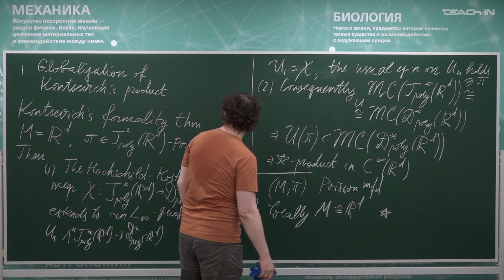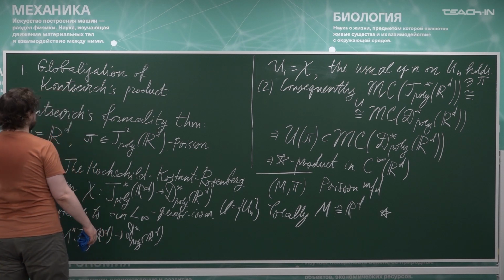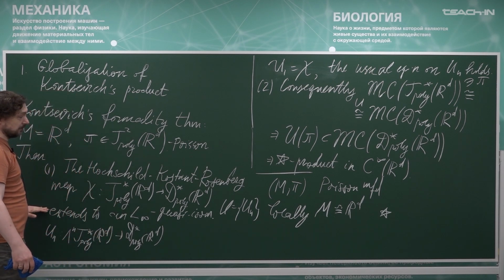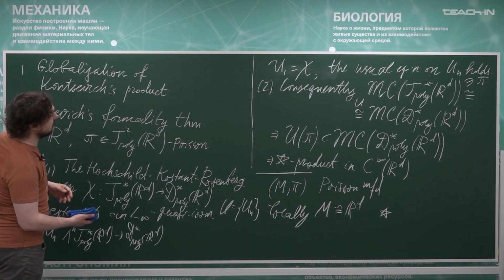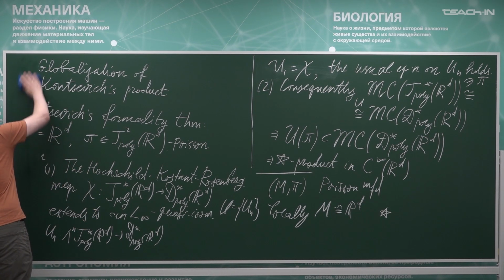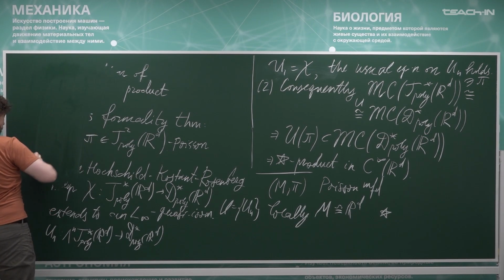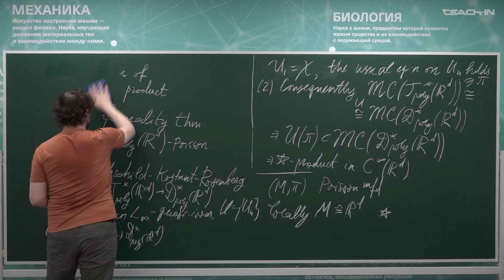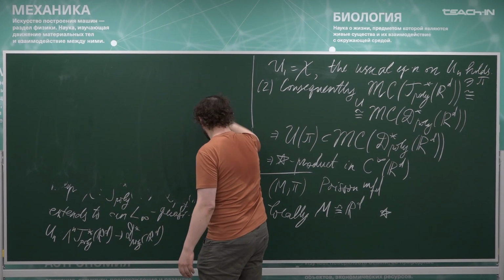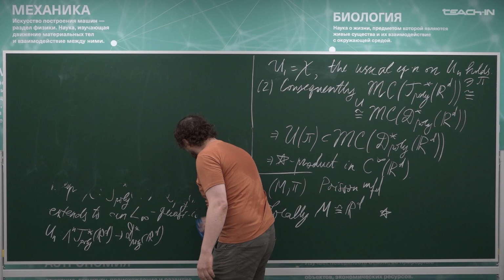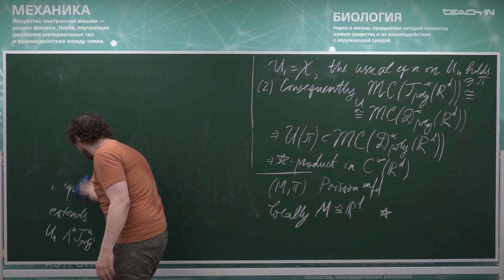He explained in very brief terms how this globalization procedure should go and why it is always possible to globalize the formality morphism. This explanation has been very brief. So, as is usual with Kontsevich's papers, this paper caused a flow of subsequent papers by various authors who tried to expand and explain Kontsevich's brief ideas.